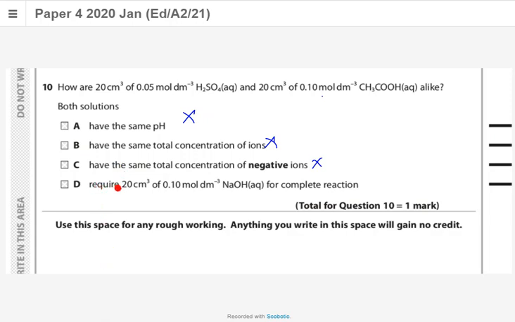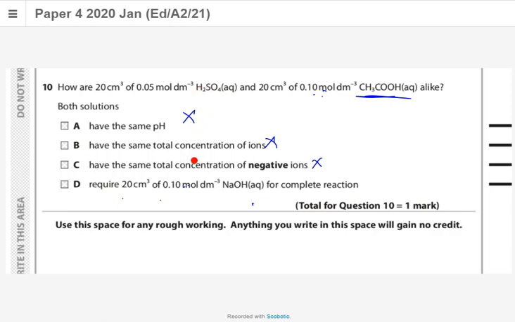We'll see. They require 20 cm cube of 0.1 sodium hydroxide for complete reaction. Is that correct? Yes, that's correct. Because, see, this is sulfuric acid and this is ethanoic acid, 0.05 and 0.1. Equal amounts of moles would require equal volume, right?